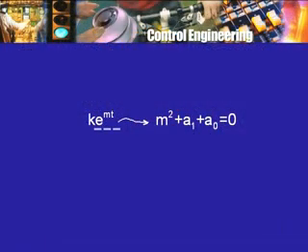I am looking for a solution of a second order differential equation, and it seems that e raised to mt will be a solution if m is a root of the corresponding quadratic, or the indicial equation, in our case m square plus a1m plus a0 equal to 0. This e raised to mt will be a solution of the differential equation, because it is easy to show that if e raised to mt is a solution, then if I multiply it by any number k whatsoever, it will be a solution.